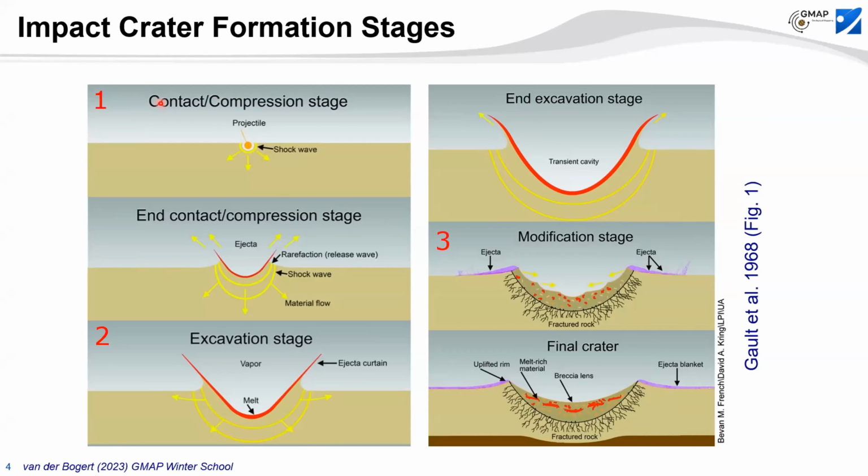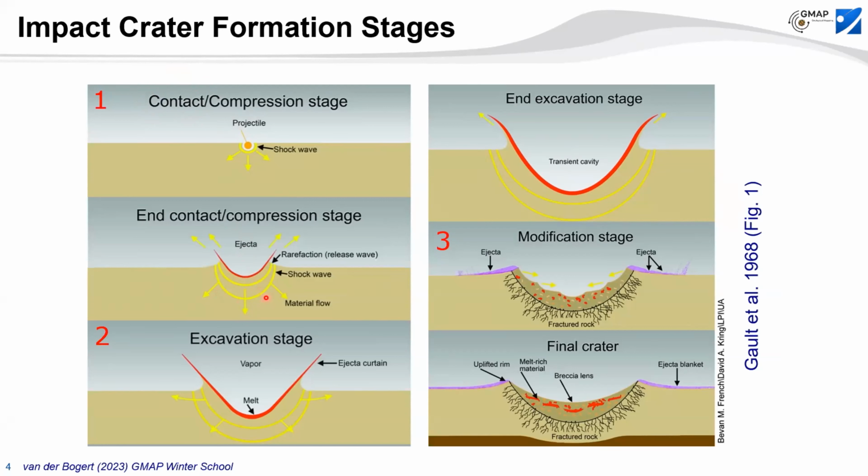That contact begins the first stage, which is the contact and compression stage. So contact happens, then this pressure wave starts to move through the target here. And this shock wave is actually causing material to start to flow away from the point of contact.